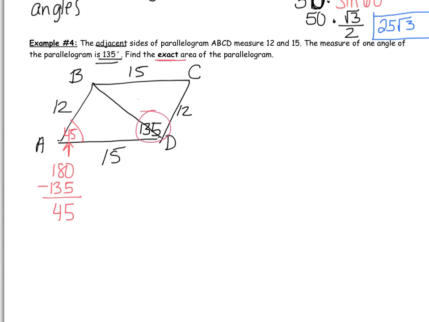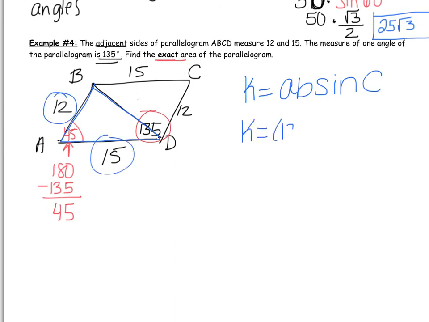So we're going to isolate our attention on this one right here. So the area of a parallelogram is going to be AB sine C. Notice how I got rid of the half, because it's going to be double. Double 1/2 is 1, so that goes away. So K equals, we'll use this as the two sides, 12 and 15, and we're going to use sine of 45.